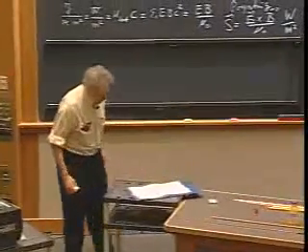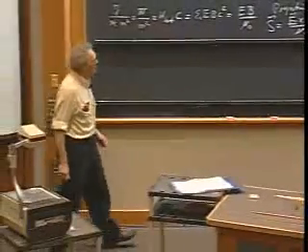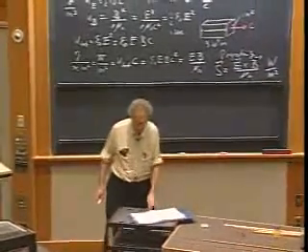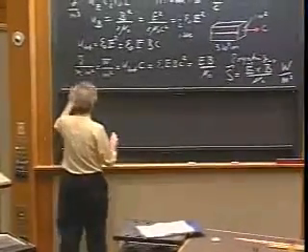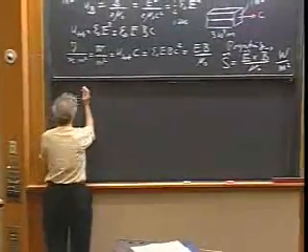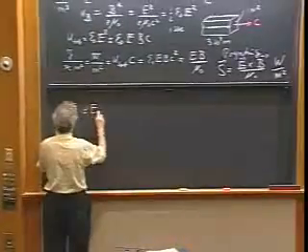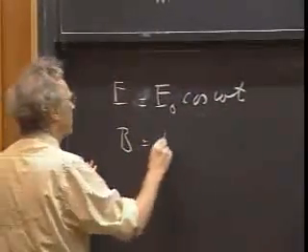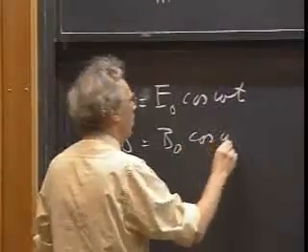Now both E and B are time variable. And so the Poynting vector will obviously also be time variable. You can write down E is some E0 times cosine omega t, and B is some B0 times cosine omega t.